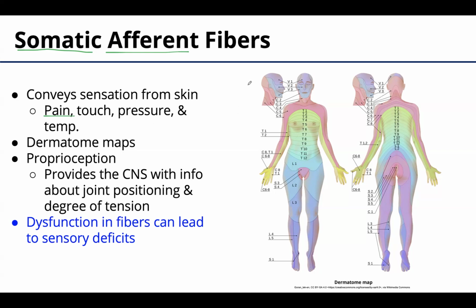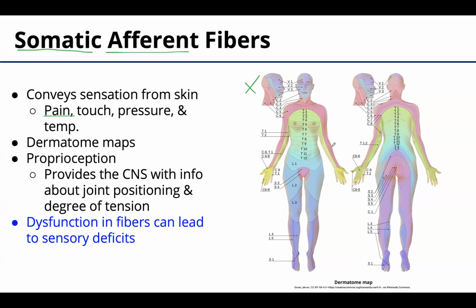Now, no need to memorize this dermatome map here on the right, but these maps give a general idea of which cranial nerve or spinal cord segment will provide the branches that supply a certain territory of skin. So having an understanding of a dermatome map can be extremely helpful in a physical exam.